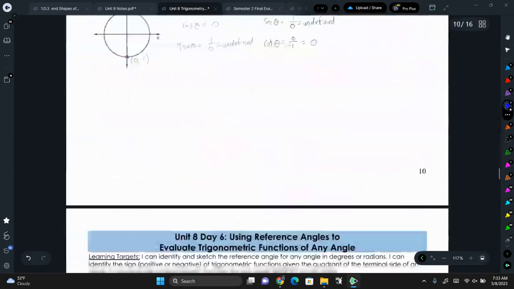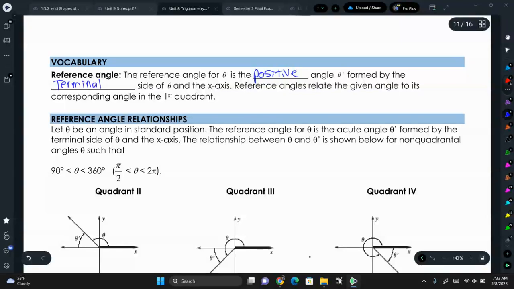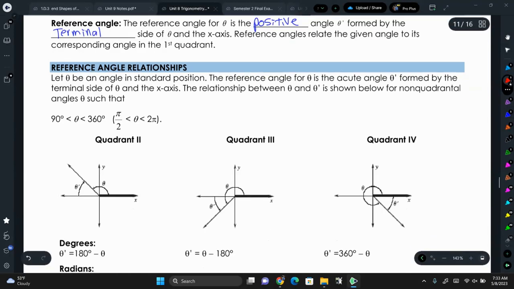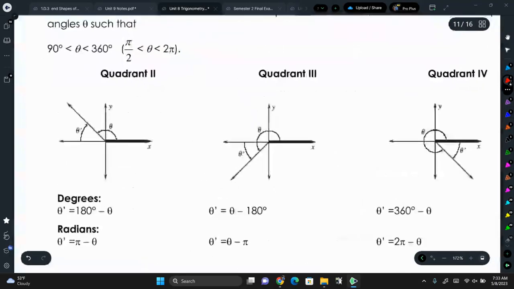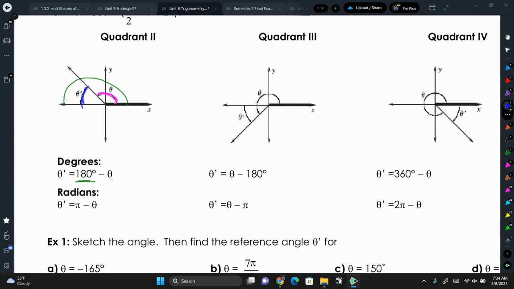Let's go back down here. This reference angle is just the angle to the closest x-axis. In quadrant number 2, you would take 180 and subtract theta, and that's how you get your reference angle, because 180 is half a circle. If you subtract the angle from 180, you get the reference angle to the nearest x-axis.